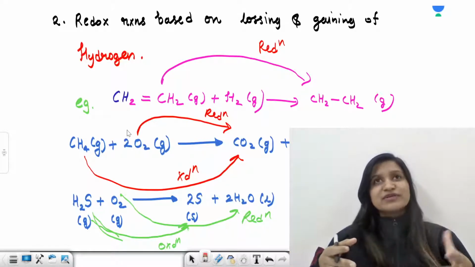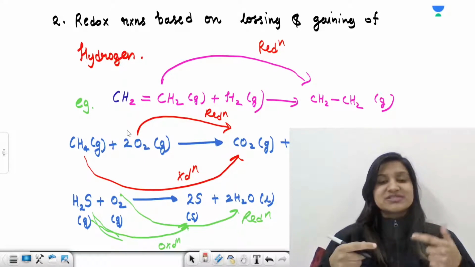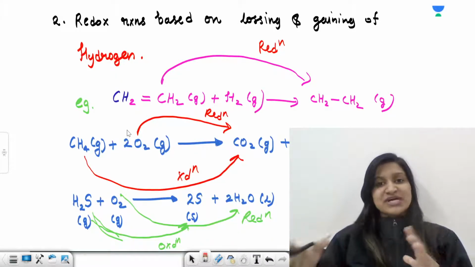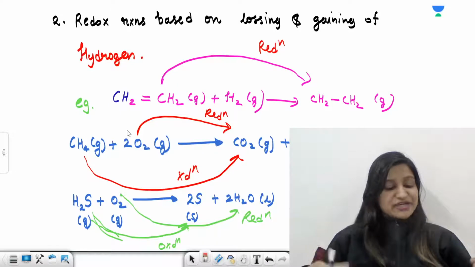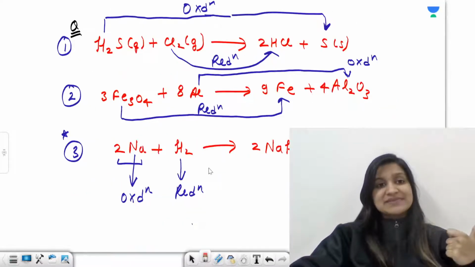Or when you come from triple bond to double bond, meaning you converted alkyne to alkene, that is also a reduction process because you add hydrogen in such cases. Similarly, more examples are here.